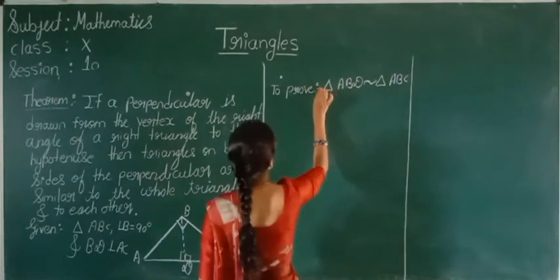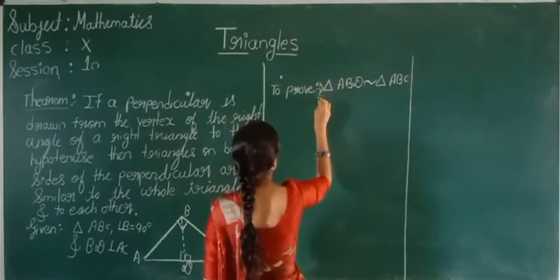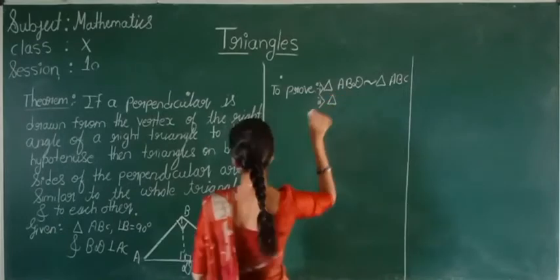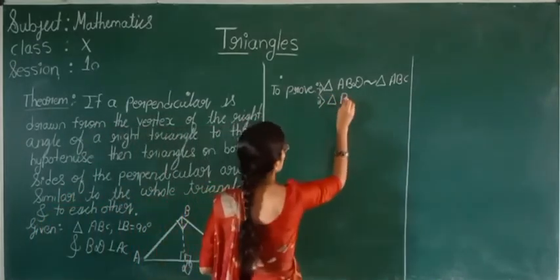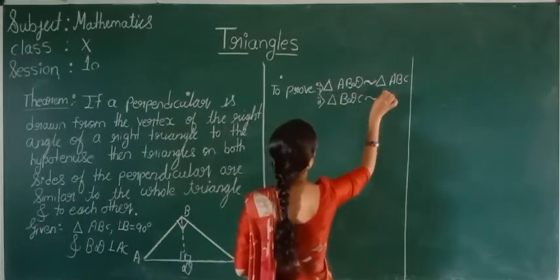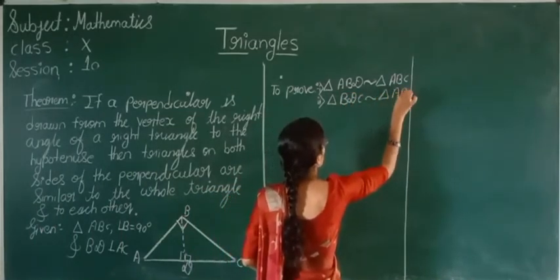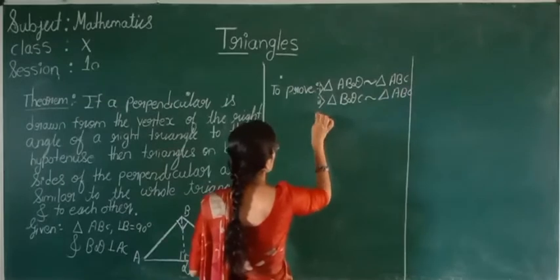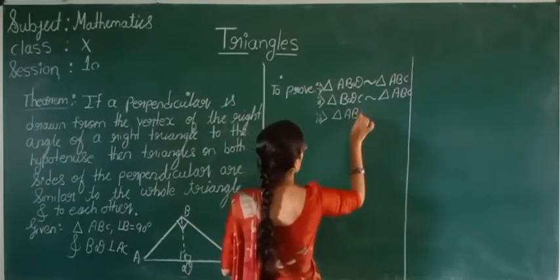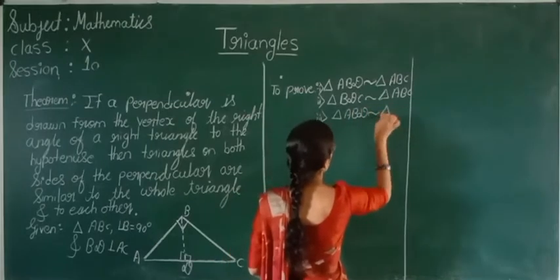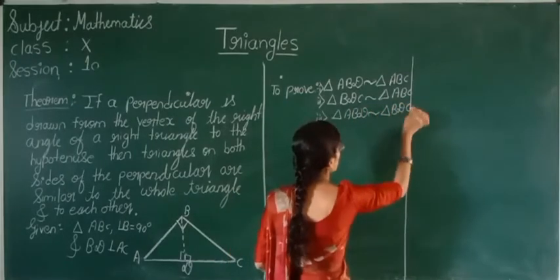Second, triangle BDC is similar to triangle ABC. Third, triangle ABD is similar to triangle BDC.